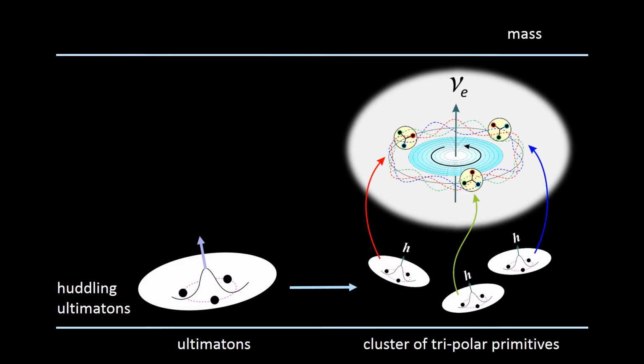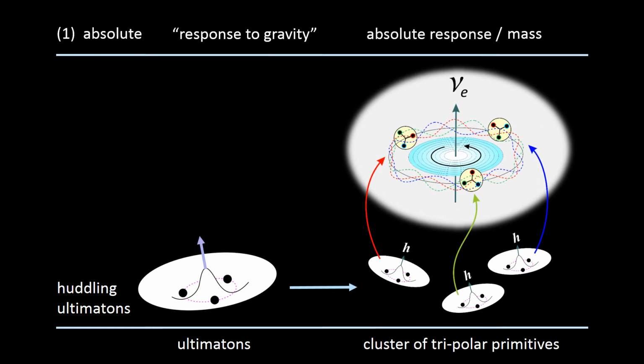Yes, it does. In fact, if we think of mass as response to gravity, then these papers describe two very different types of mass a particle can have. The first is an intrinsic property of ultimatons, their so-called absolute response to the source and center of gravity. The second is described as an interactive phenomenon.